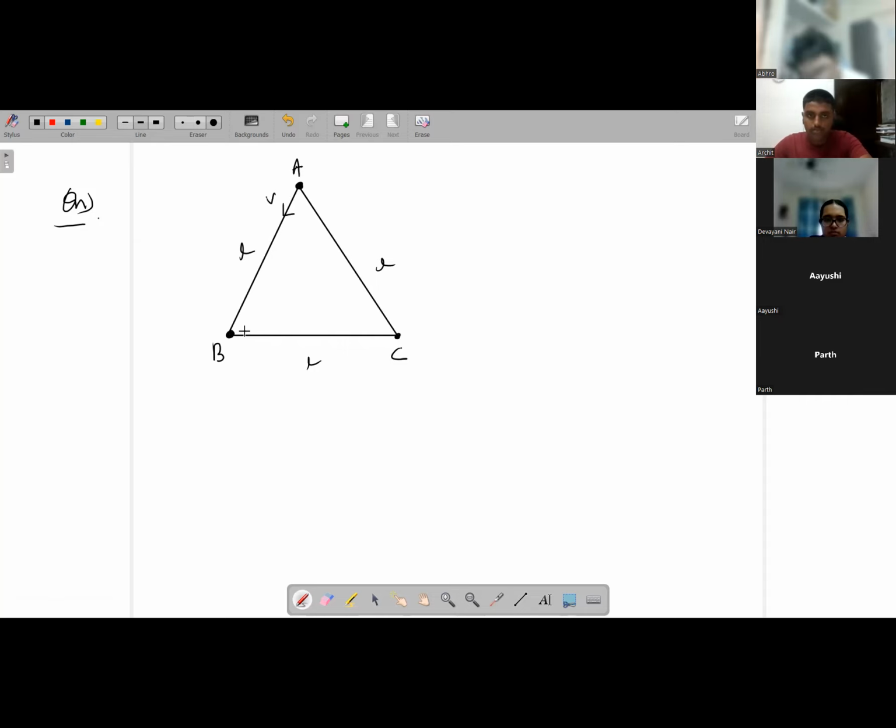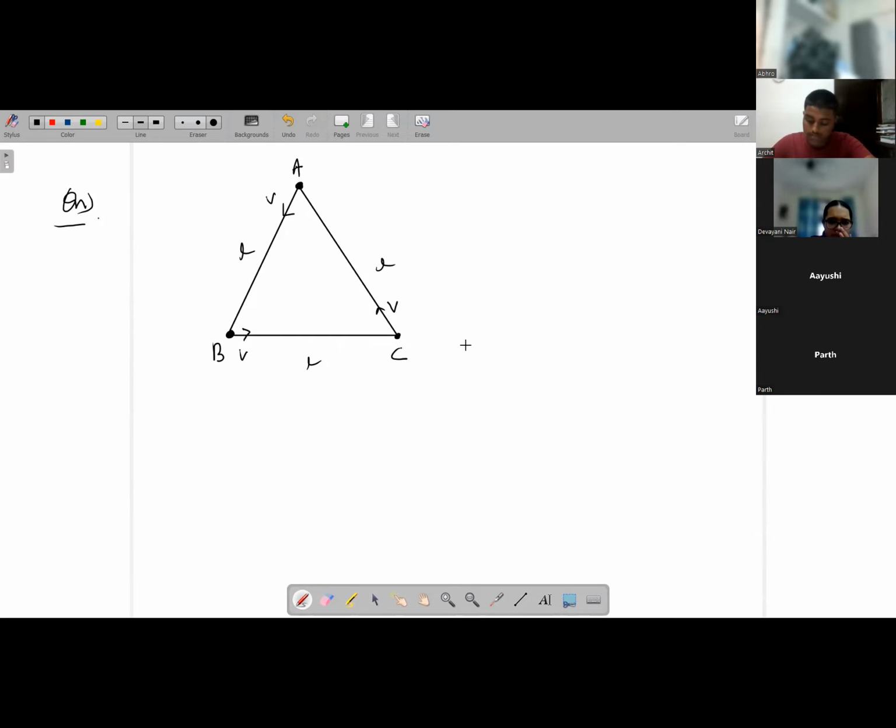No, not velocity, speed. All of them have constant speed. Constant velocity I cannot say because the direction will change, so the velocity vector will change. But they have constant speed. A, B, C, all of them are moving with constant speed.